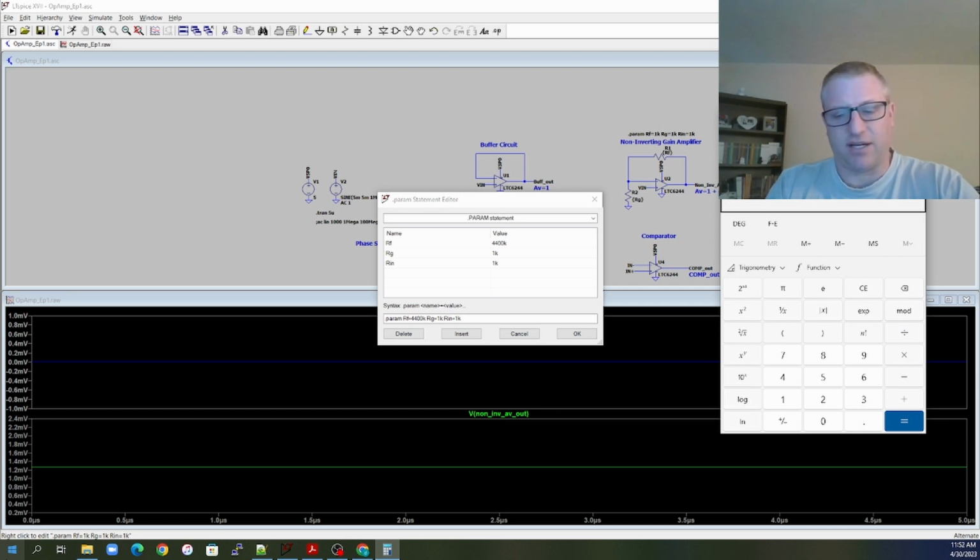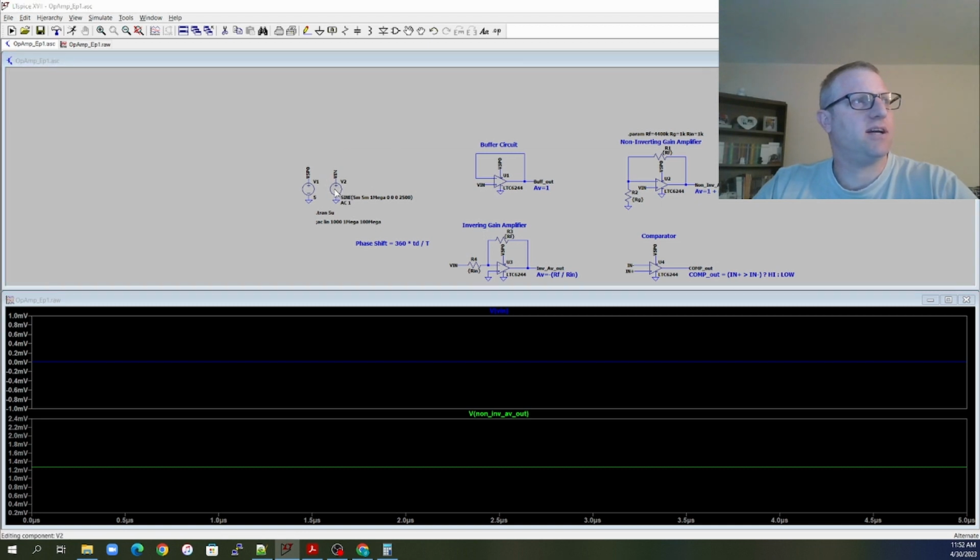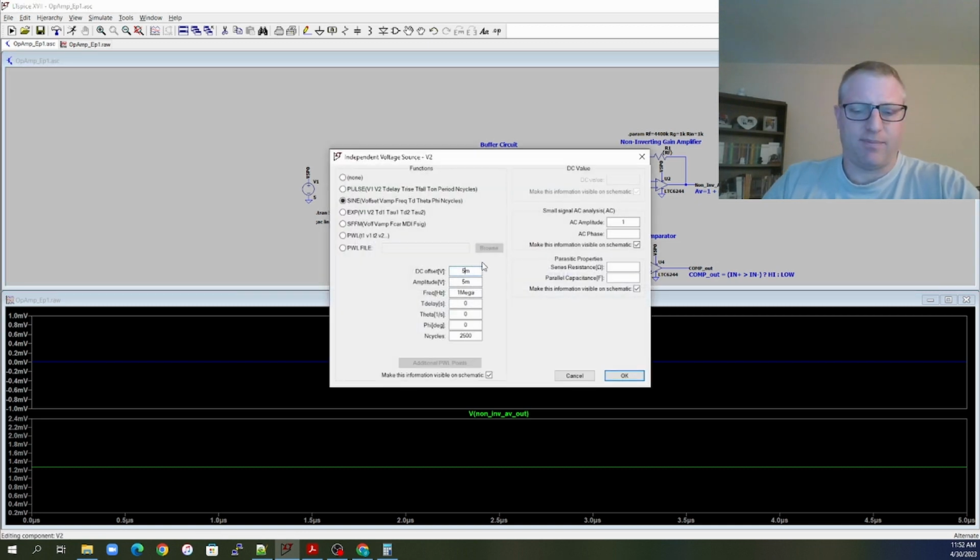So divide that by 4400 gain, 1 millivolt. Right, so let's go back to our sine wave, and we want a max of 1 millivolt. So we will just make that 0.5, 0.5. So that'll give us a 0 to 1 millivolt swing.